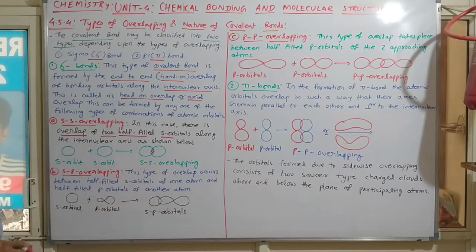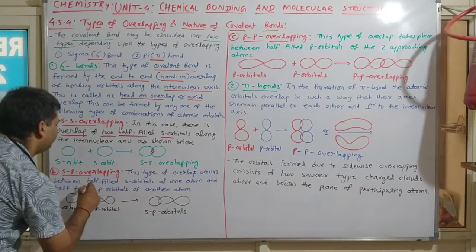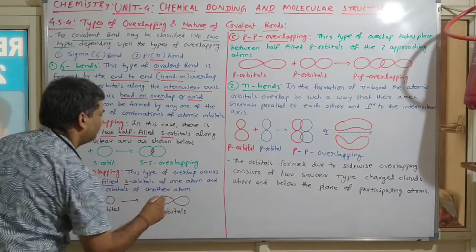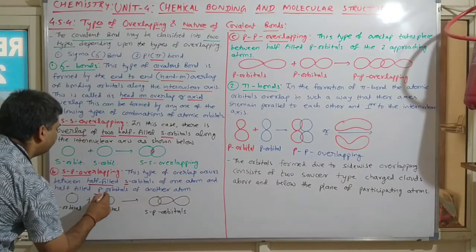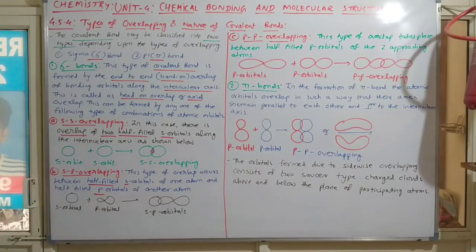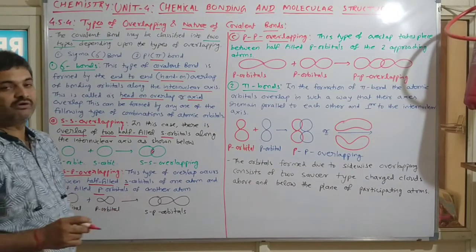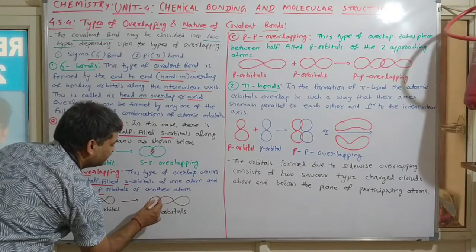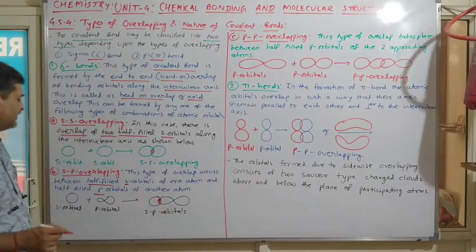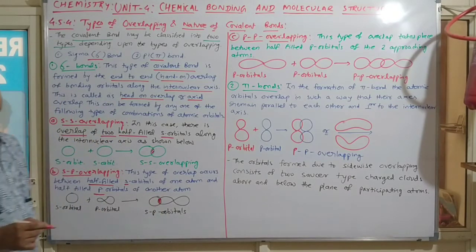So this type of overlap occurs between half filled s orbital of one atom and half filled p orbital of another atom. Here s and p overlap, so sp orbital overlap will be there. Again, this red area of overlap is normally known as sigma bond.